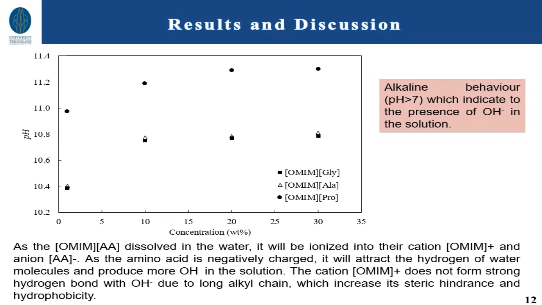As the amino acid anion is negatively charged, it will attract the hydrogen of the water molecule and produce more OH in the solution. The OMIM cation does not form a strong hydrogen bond with the OH due to the long alkyl chain, which increases its steric hindrance and hydrophobicity.